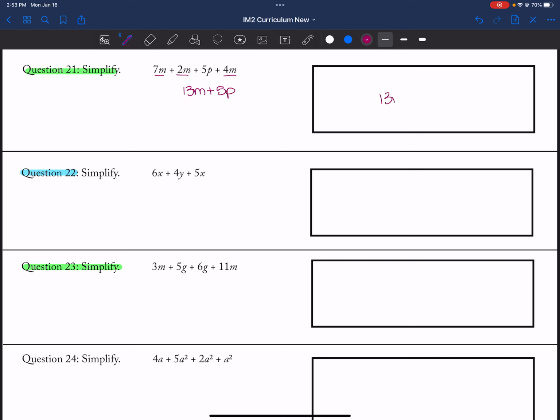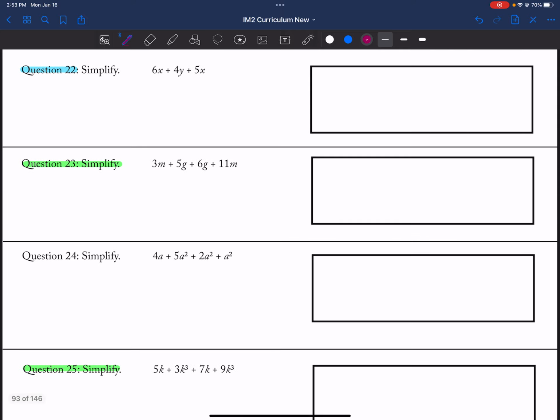So I have 13m plus 5p. Okay, and then I've got 3m and 11m gives me 14m, and 5g plus 6g gives me 11g. And so I have 14m plus 11g.